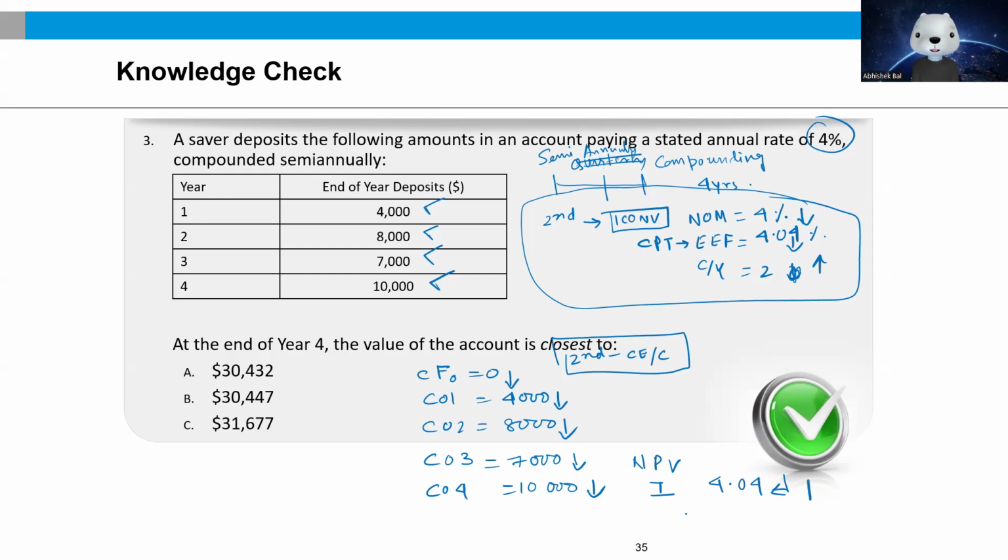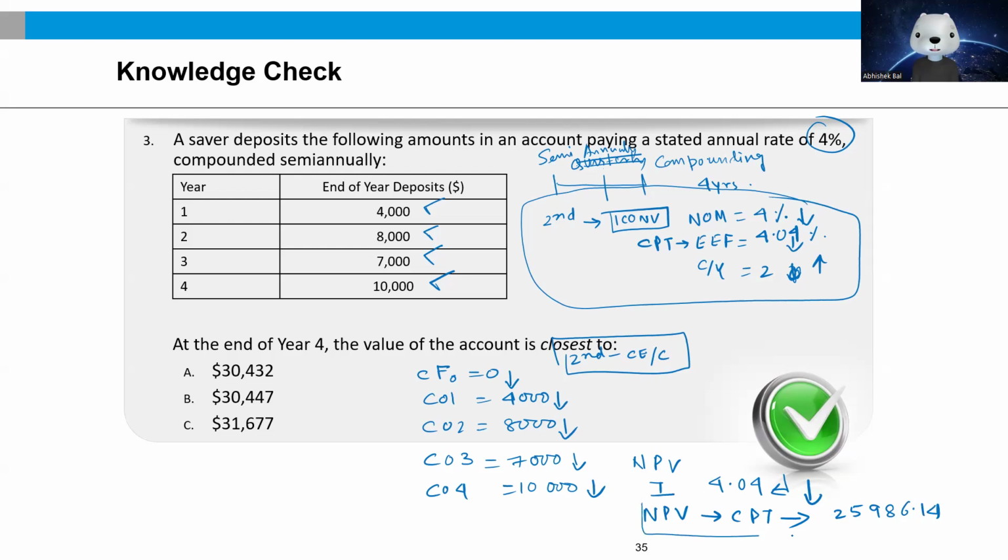Now, if you press the down key, you're going to come to the NPV function. Press the CPT button, the compute button, and your calculator is going to throw you a value of 25,986.14. But this is not what we had set out to find.